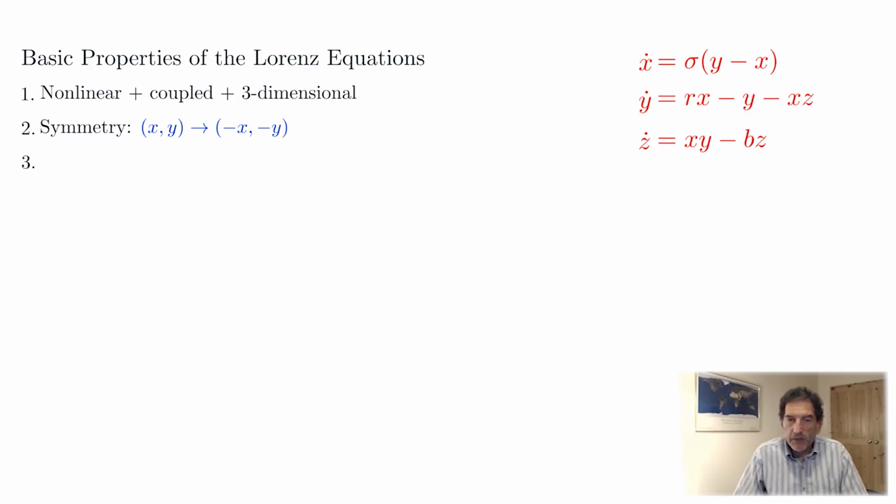But here now comes a much more powerful and important property, which is the notion that these equations of motion are dissipative. Or maybe another way to say this is that they're volume contracting. And what I mean by this is the following. Let's suppose we prepare many copies of the Lorenz system with a whole range of initial conditions that fill up some volume V in the space XYZ.